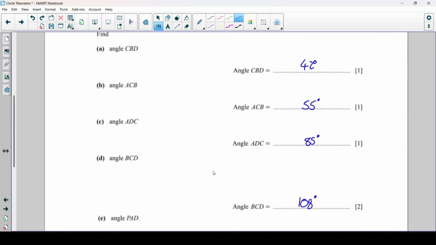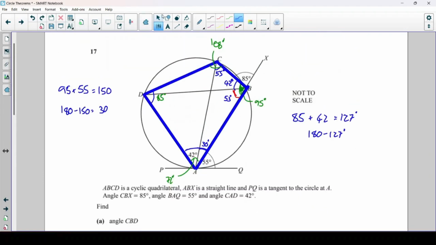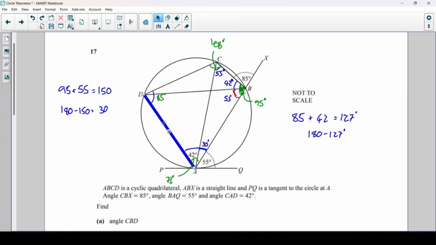The last angle that they want is angle PAD. Let's get rid of some of these lines again. So where is PAD? PAD. Now we could use alternate segment theorem, but actually if I look at this, I've already got all of these angles added up here. I could add them up and then I've got angles on a straight line.